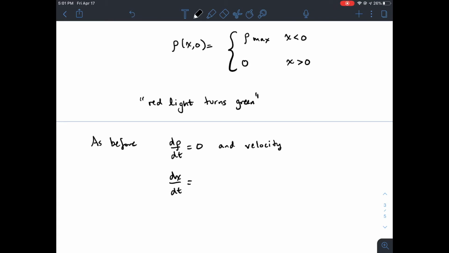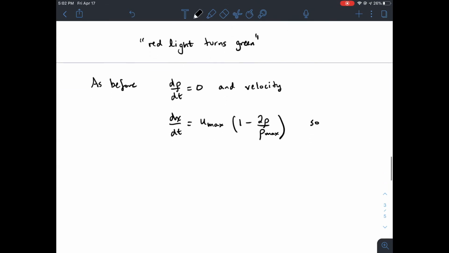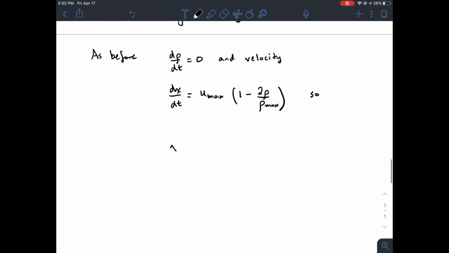Which is now this function u max times 1 minus 2 rho over rho max. So it's a little bit more stuff in there. I mean, those are all constants except for the rho, so that's pretty much the same except for the rho. But it's a little bit uglier. So that's why we sort of started with the previous example. In any case, I get the same idea.